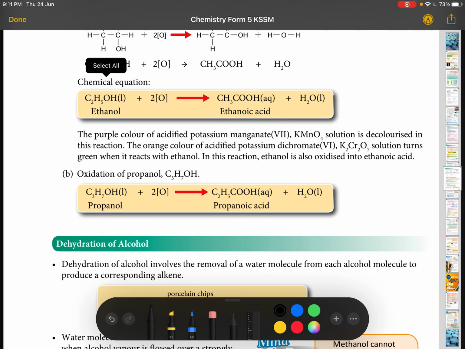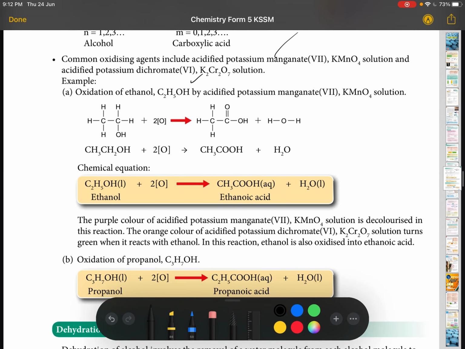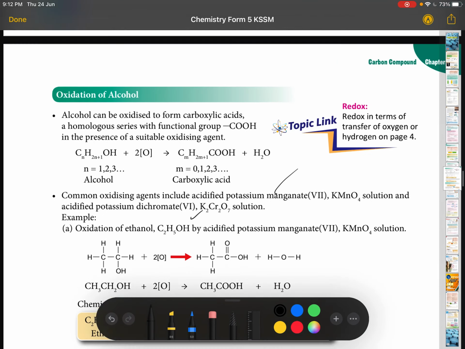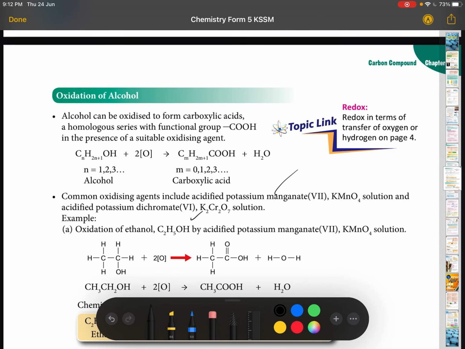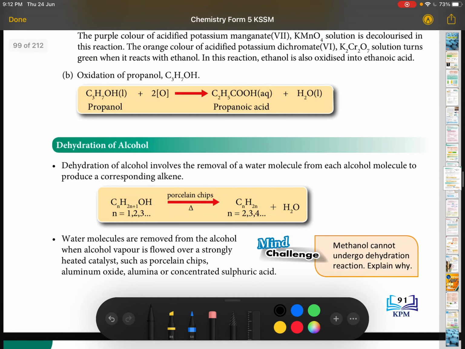As I said in the last video, potassium manganate changes from purple to colorless, while potassium dichromate 6 solution, acidified by the way, it has to be acidified, turns from orange to green. And your alcohol, normally ethanol, will turn into water plus ethanoic acid.